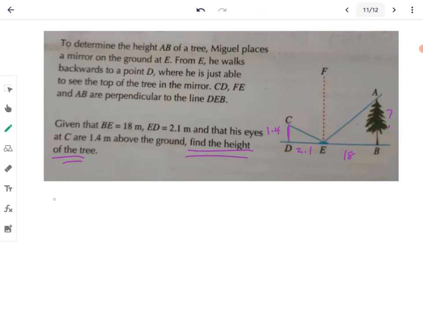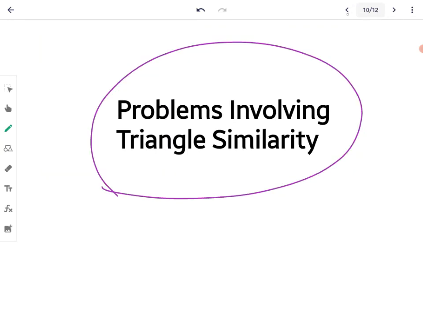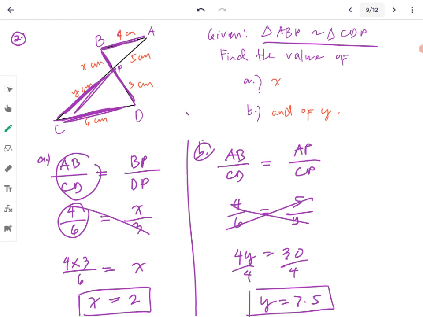Okay, so we say let x be the height of the tree. In this case, we set up the ratios the same as what we did in the previous example in these problems.